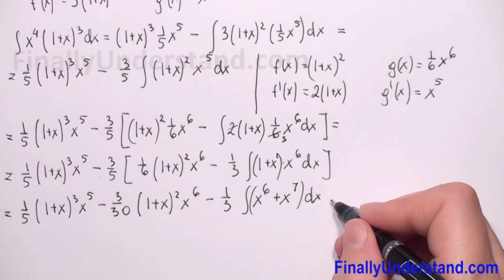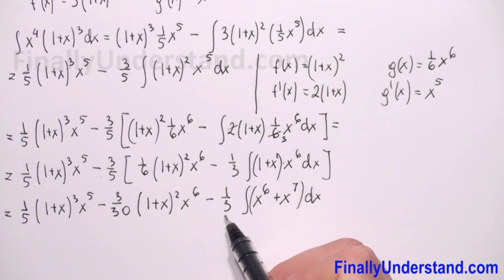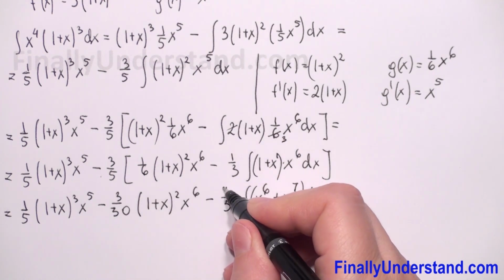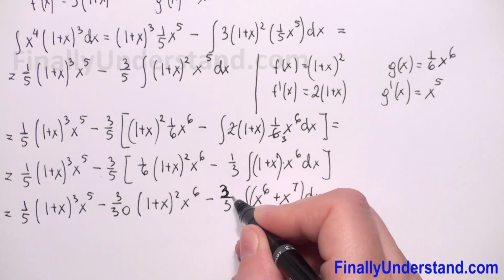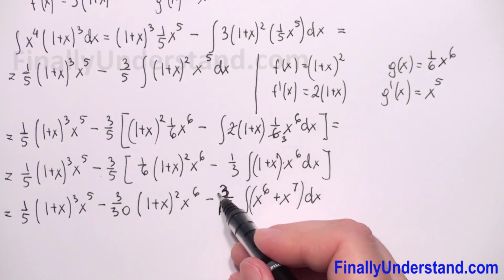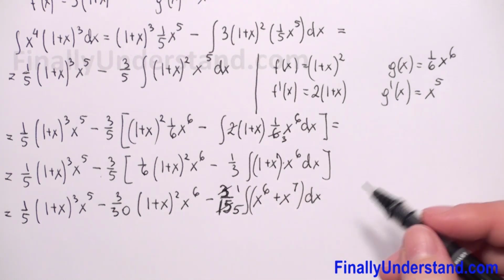So this is equal, oh, I forgot to multiply 1/3 by 3 over 5. So it will be 3 over 15. We can reduce, so it will be 1 over 5.